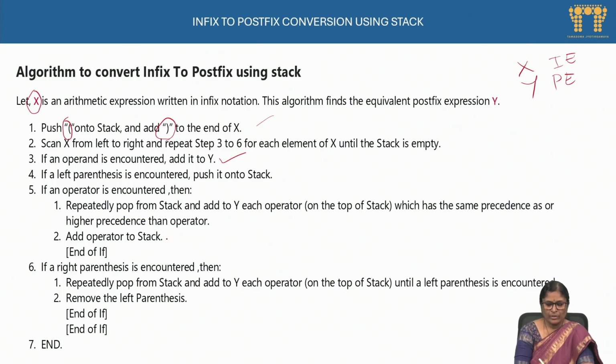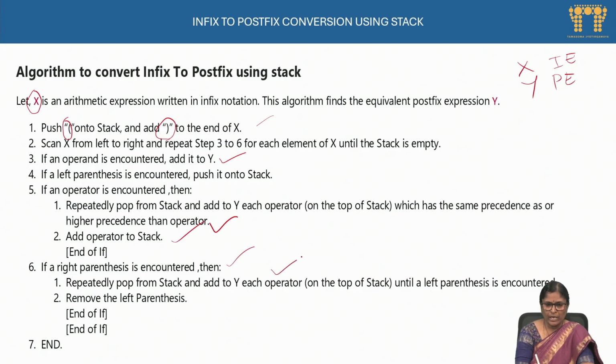Otherwise, if you have a lower priority operator on the top of the stack and a higher priority operator to be scanned, just add it to the stack. If a right parenthesis is encountered, repeatedly pop from the stack until the left parenthesis is encountered.